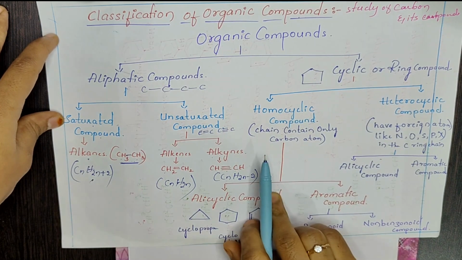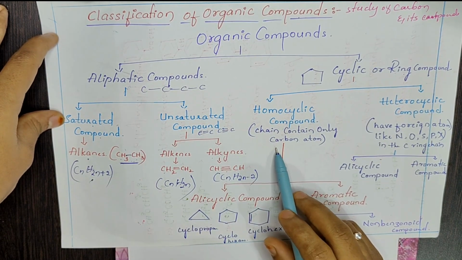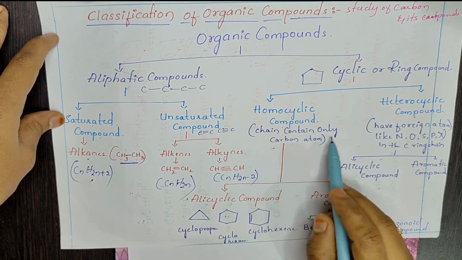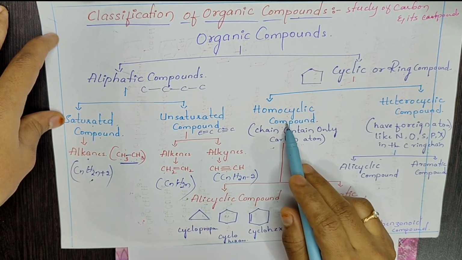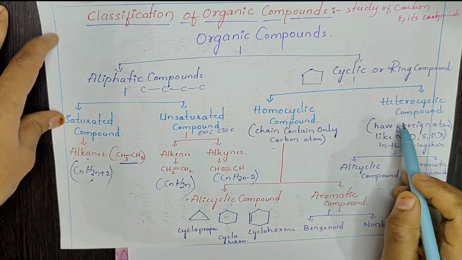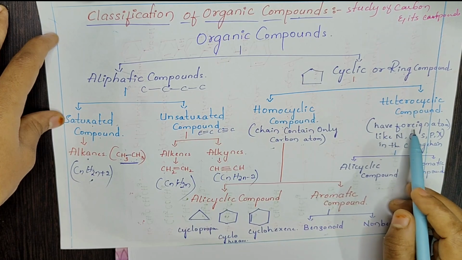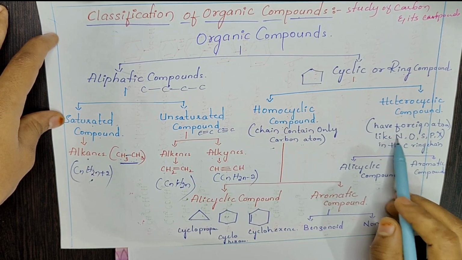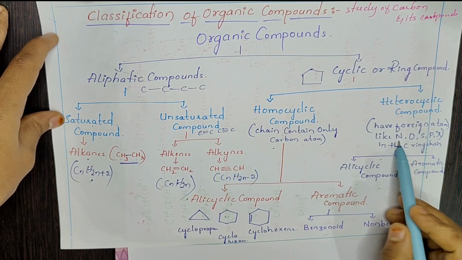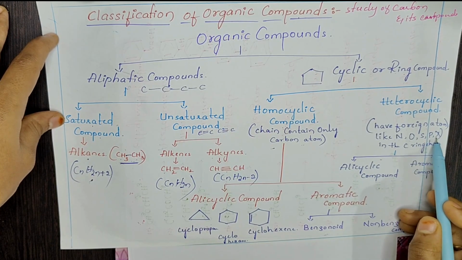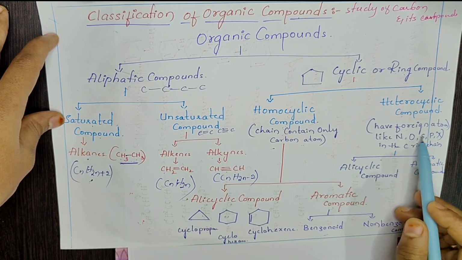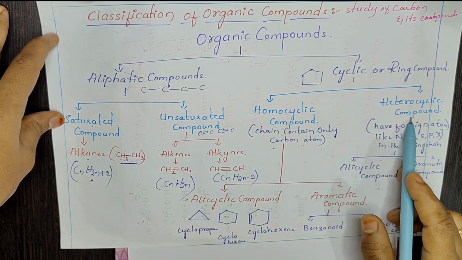Homocyclic compounds are ring compounds which contain only carbon atoms. Heterocyclic compounds are those in which the ring contains a heteroatom, or foreign atom, which may be nitrogen, oxygen, sulfur, phosphorus, halogen, etc. Other than carbon, if any foreign atom is present in the ring, those compounds are called heterocyclic compounds.